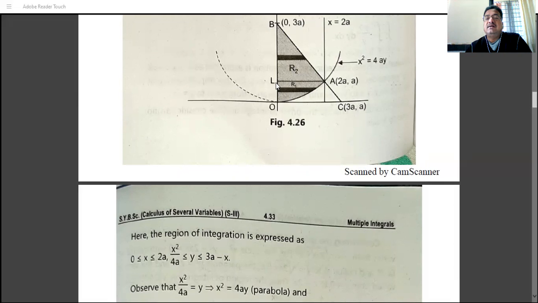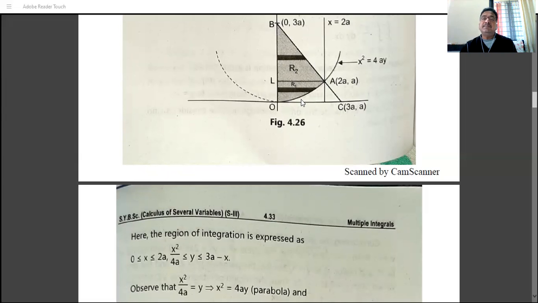That is, this end touches this line, this end touches this parabola. And in the R2 region, if we move the strip from L point to B point, one end touches the y-axis and the other end touches this straight line.